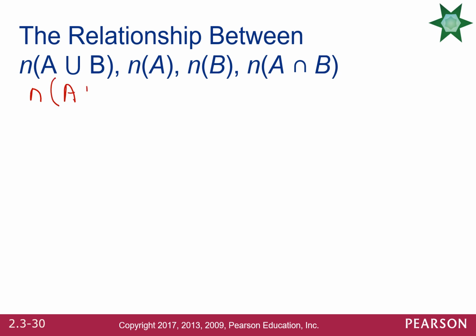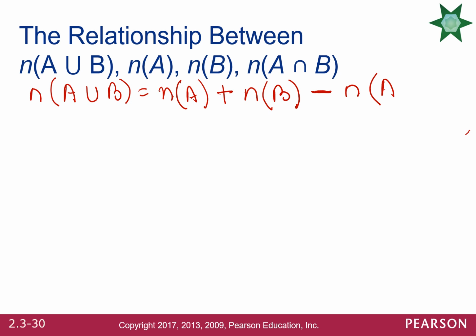N of A union B will be equal to the number of elements in set A, to which you add the number of elements in set B, but since we included the common elements only once, we have to take out one set of common elements between A and B. So it's minus n of A intersection B. If we do not subtract one set of common elements, then we will end up with double counting.